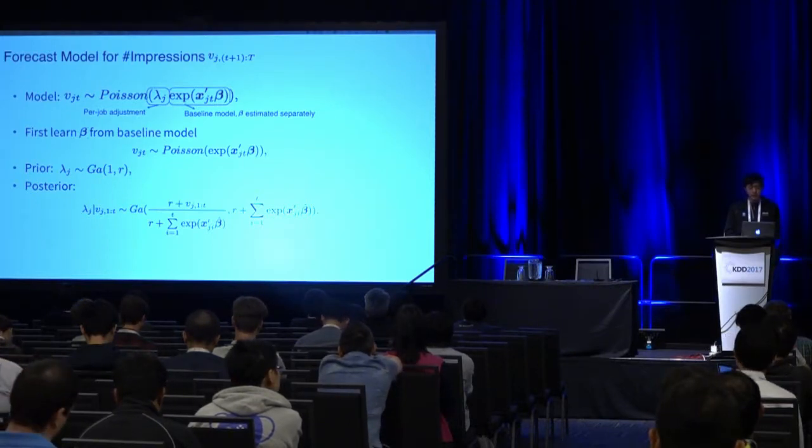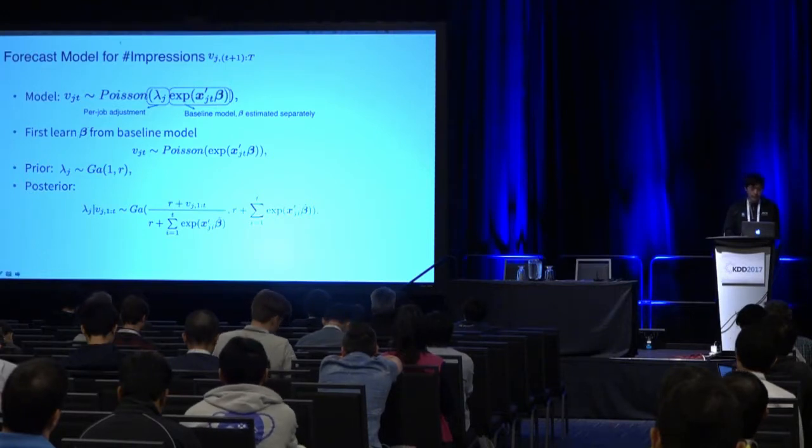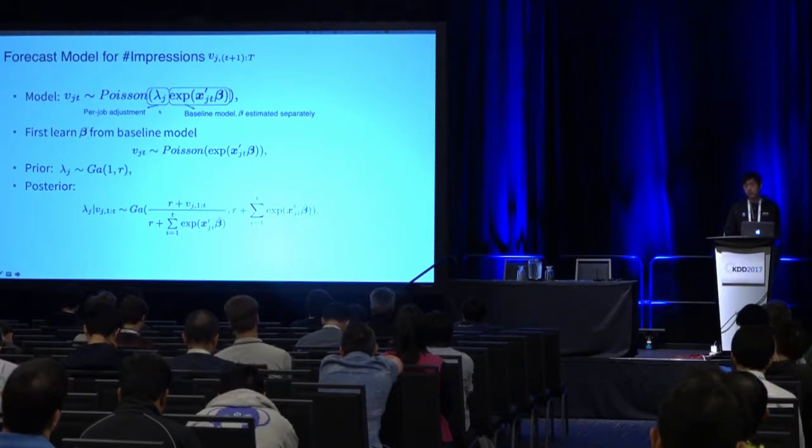So the idea here is that you can have a baseline model which uses the features I mentioned about the job attributes. On the other side, you also have a per-job adjustment which, based on the number of impressions the job has received so far, further adjusts the baseline model.